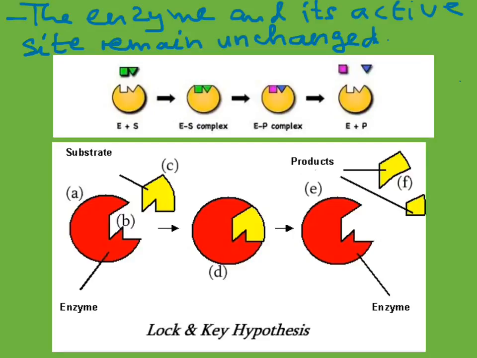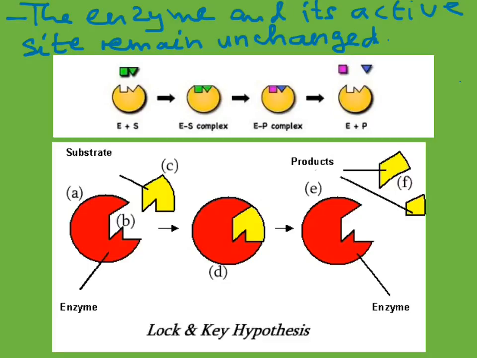Now, looking at this diagram, which explains fully the concept of the lock and key hypothesis, you will see that substrate C binds to the active site labeled B, because the enzyme is labeled A. That's for the first diagram.